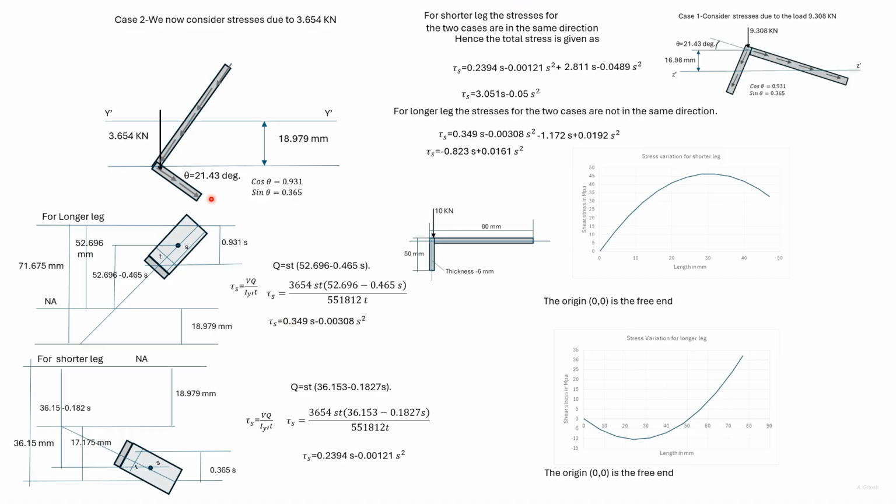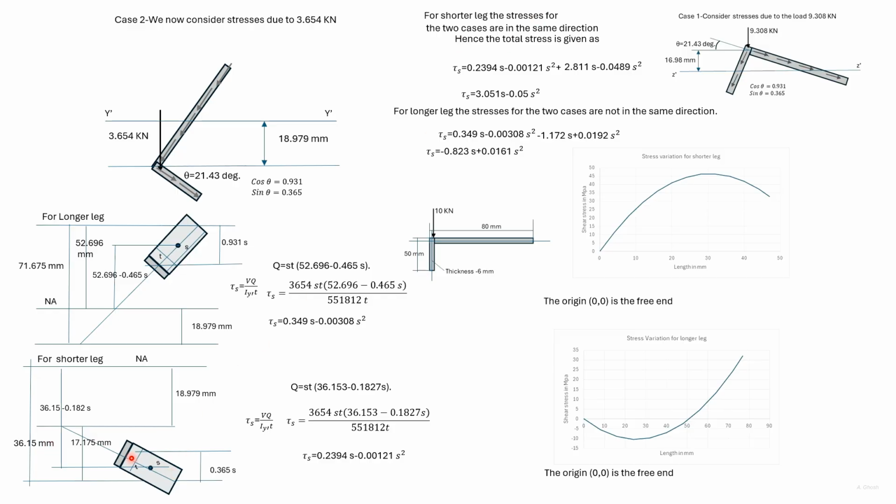Let us now look at the shorter leg. The distance from the outer edge to the point C is 47. 47 sine theta is this vertical distance. The vertical distance of the neutral axis from C is given by this value. Adding these two, we get 36.15 millimeter.